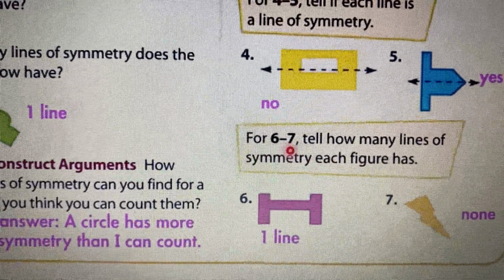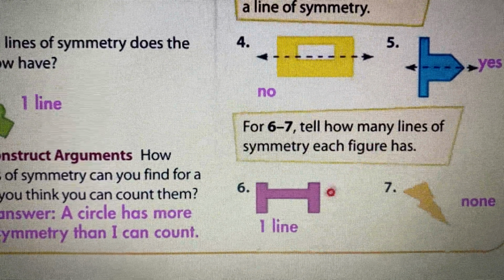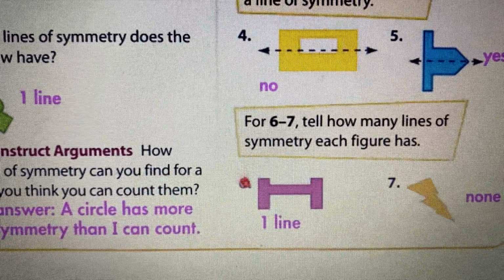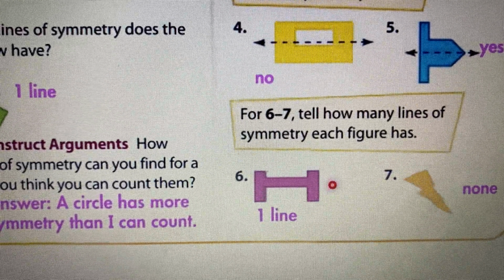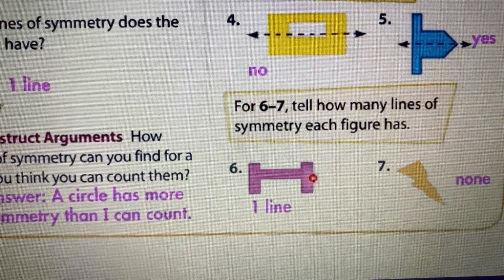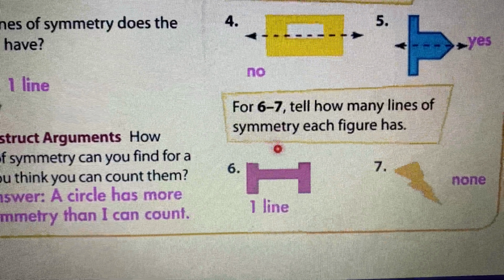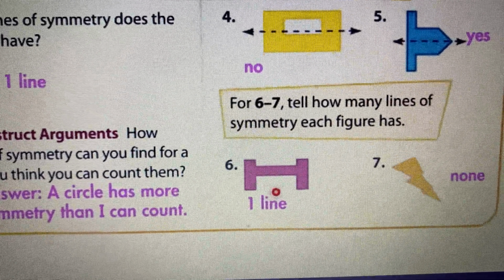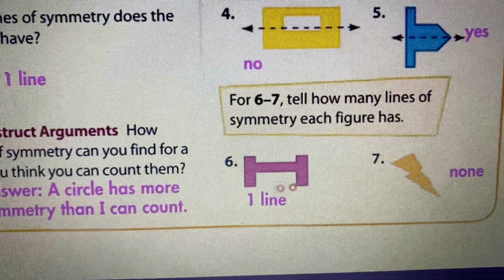For 6 and 7, tell how many lines of symmetry each figure has. This figure, if I break it into the half here, I'm not going to have exact halves. But if I cut it in the middle here, I'm going to have exact 2 halves. So I have only 1 line.